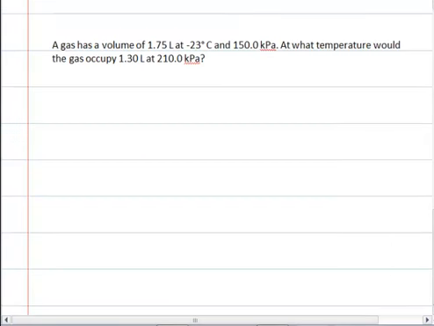There we are. Okay, so we have P1, V1, T1, P2, V2, and T2. Okay, so a gas has a volume of 1.75 liters. That's the initial volume.